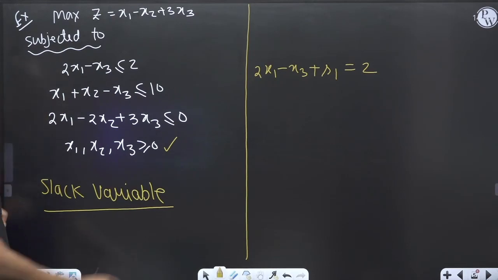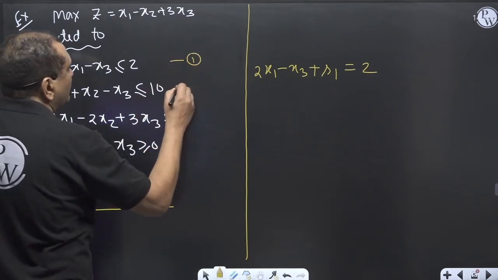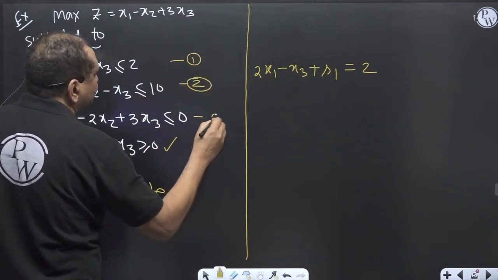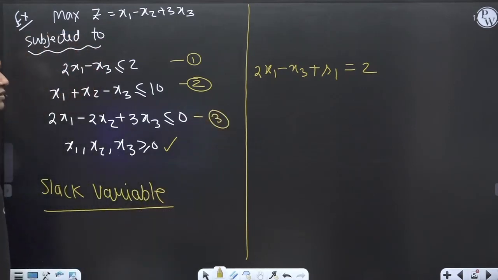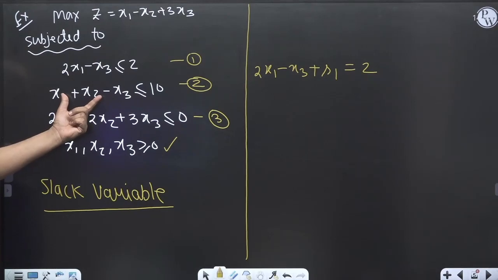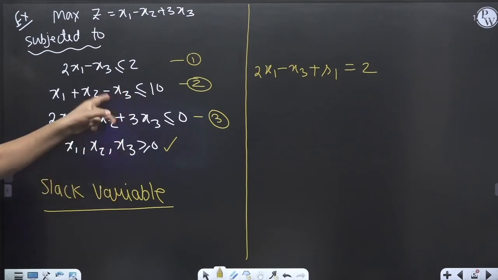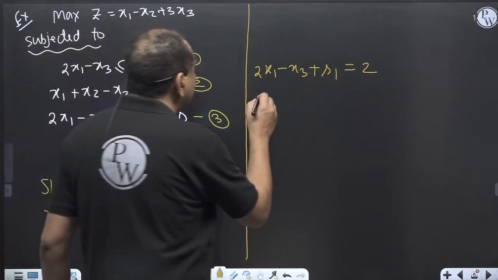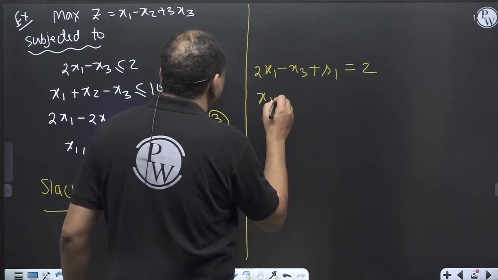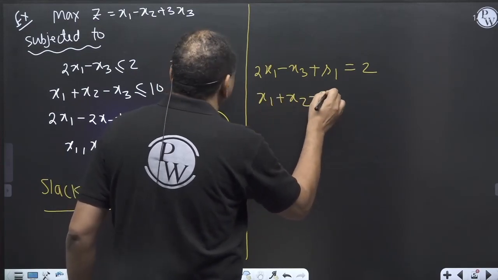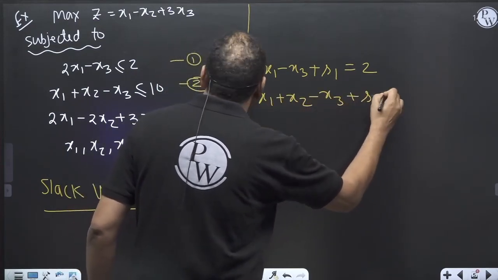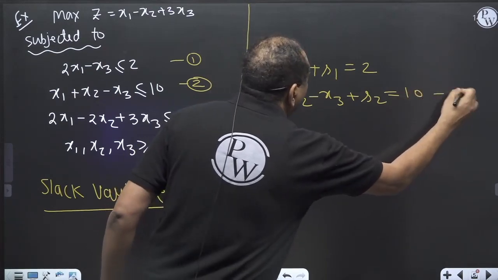So this is the first constraint, then the second constraint, and then the third. In the second constraint also the left hand side is slightly less, so to make it equal, add another slack variable: x1 plus x2 minus x3 plus s2 equals 10.